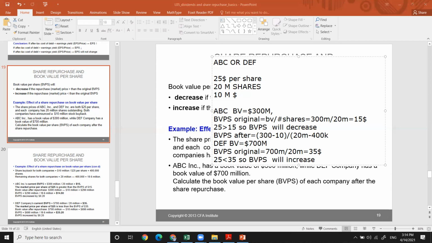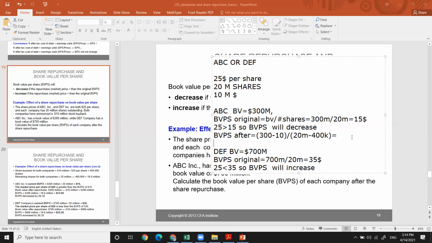So 20 million minus 400,000, and this book value per share will give you, for ABC company, $14.80.